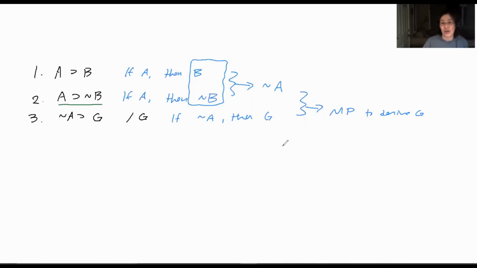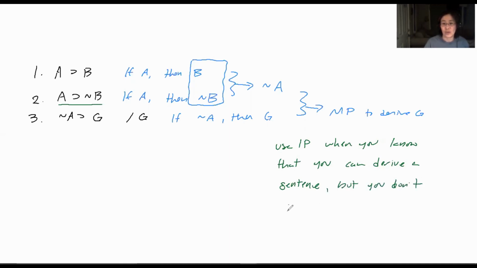There is an advanced strategy, in other words, that goes like this. Use IP when you know that you can derive a sentence, but you don't know how else to derive it.